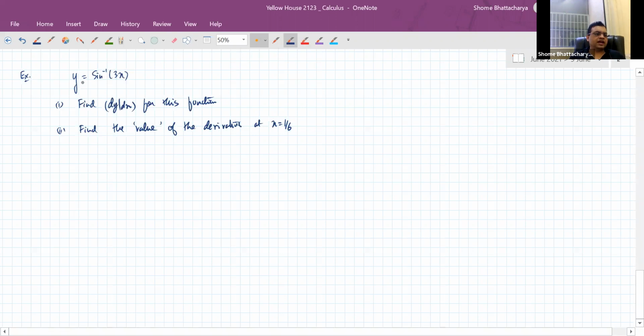Okay, so we don't know the direct formula for differentiation of sine inverse. So instead of differentiating the right hand side directly, first we will interpret the function. We'll interpret it this way: y is equal to sine inverse of 3x. This means that sine of y is equal to 3x.